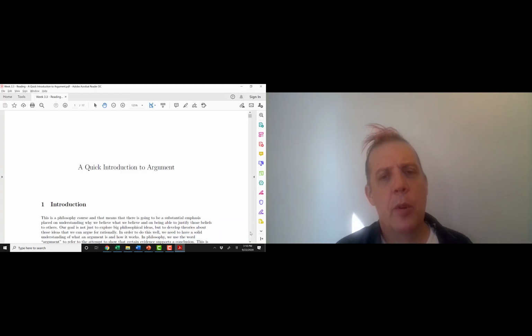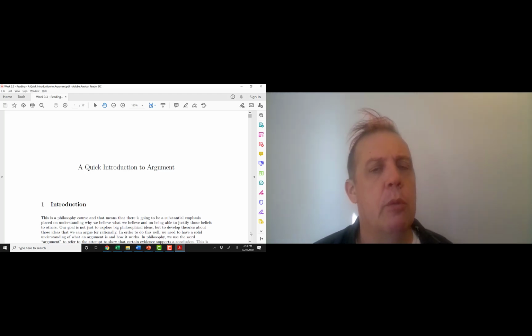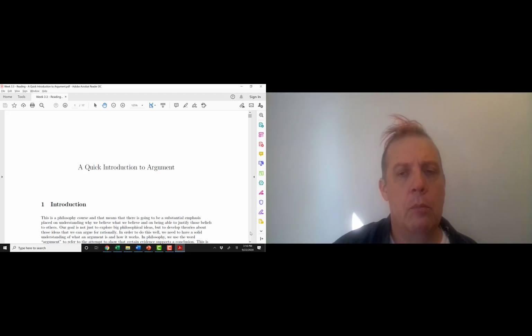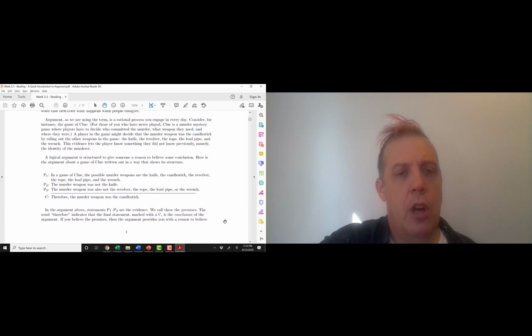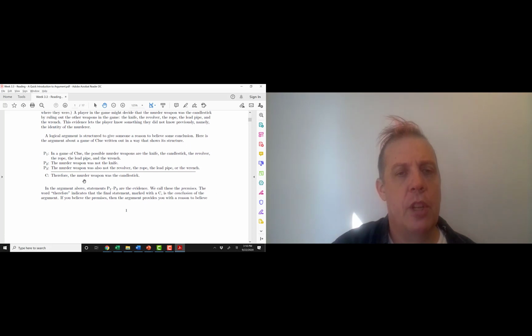So you should remember that the idea of putting arguments in standard form came up in week 3 when we did this quick reading called A Quick Introduction to Argument. And we saw there that standard form was something like this, where we've got the game of Clue, where you've got a bunch of premises marked P1, P2, etc., and then you draw a line and then you write the conclusion. And we had some exercises where you had to put arguments like that in standard form.